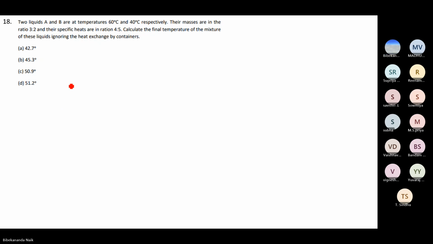So it is given there are two liquids. Suppose the mass of one liquid is X. Suppose this is liquid A, this is liquid B. Their masses are in the ratio of 3:2. So if this is X, then the mass of B will be 2/3 X. This is mass, and then specific heat.